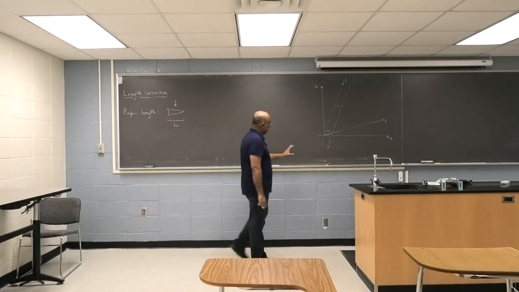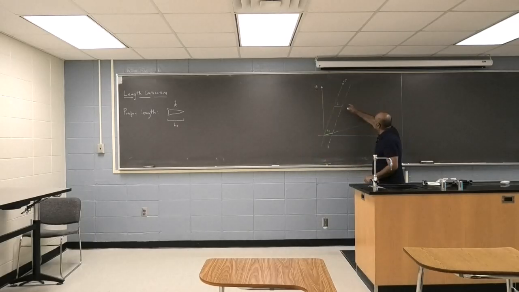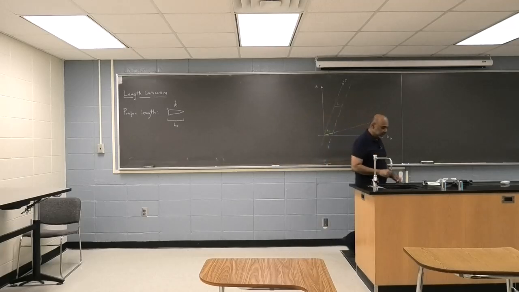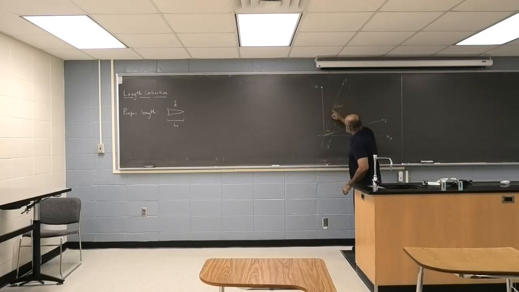So in this diagram, of course you have ct and x, and you have the moving spaceship. Let me fill that in. I have the spaceship in orange. This is the front and this is the back.